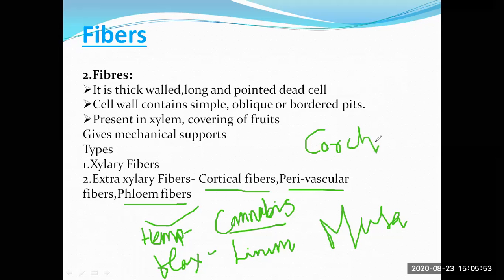This fiber is nothing but jute fiber. Just remember these names: jute from Corchorus capsularis, hemp from Cannabis sativa, flax from Linum usitatissimum, and Manila hemp from Musa textilis. These are all commercially very useful.